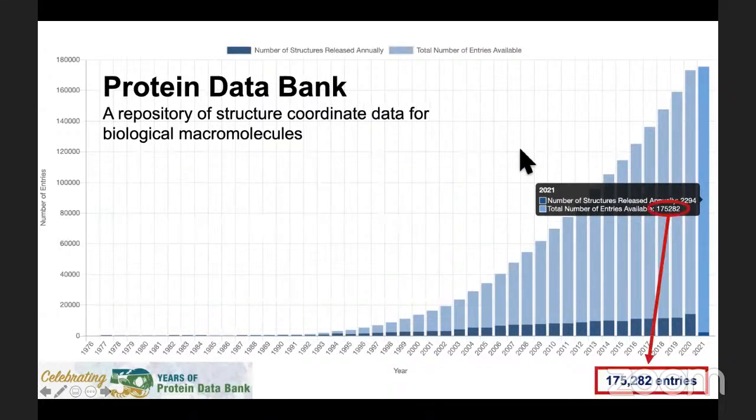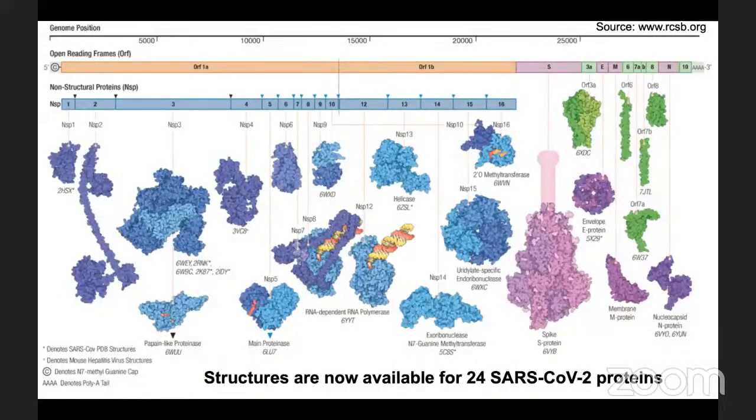And currently there are in excess of 175,000 structures in the PDB. This is very much lower compared to what is available in the GenBank database for sequence data. Looking into the context of the current pandemic, there are now 24 SARS-CoV-2 protein structures available in the PDB.